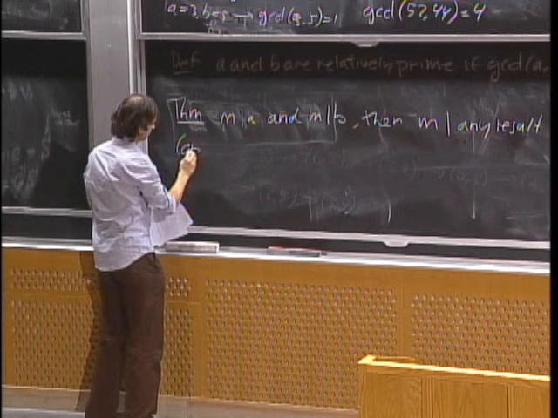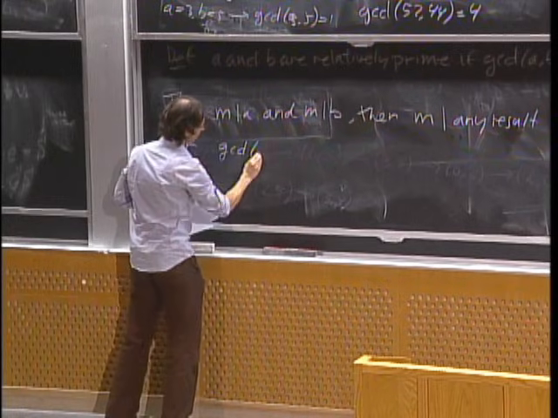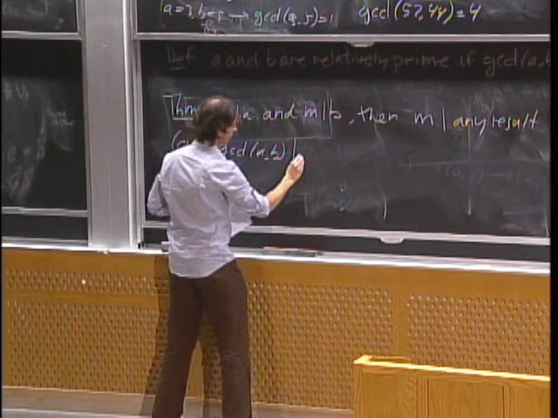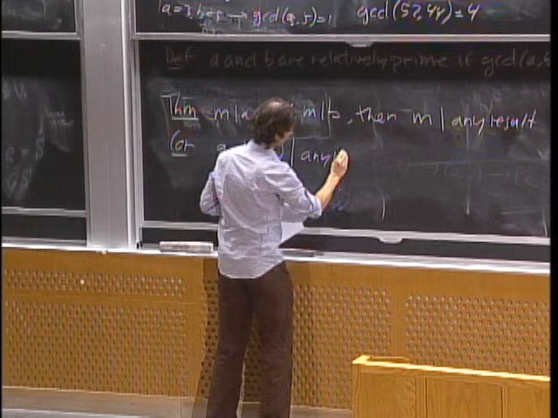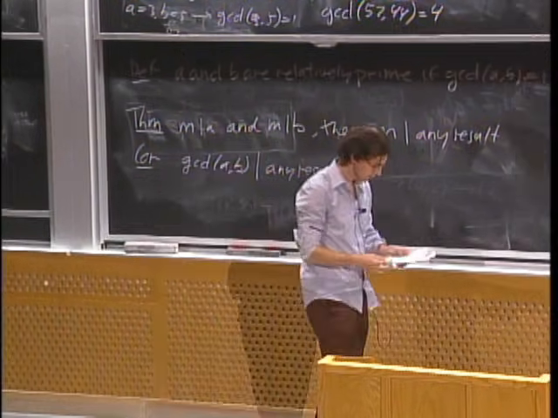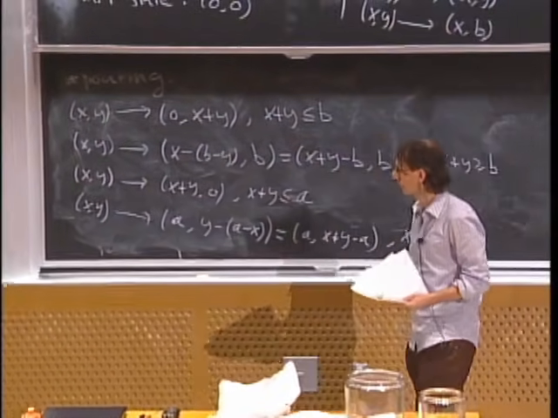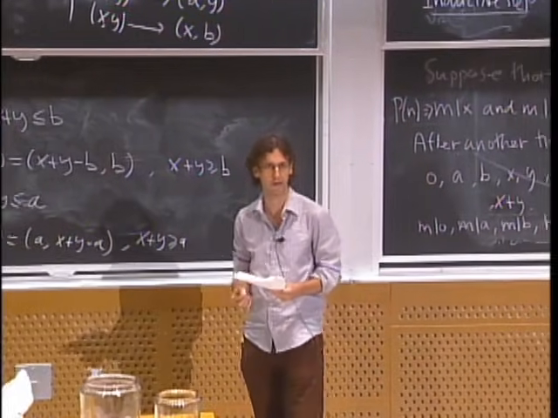So the corollary here is that the GCD of A and B divides any result. Okay, so that's really cool. So this already tells us quite a bit about this game that we have here.